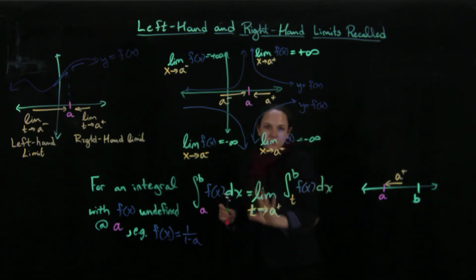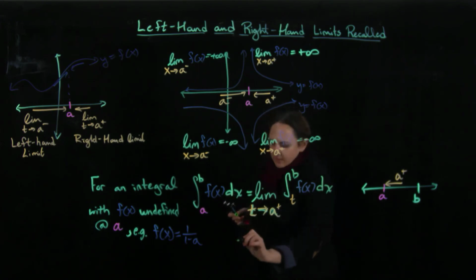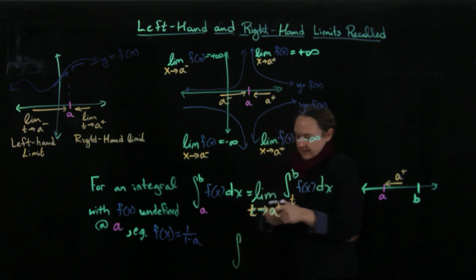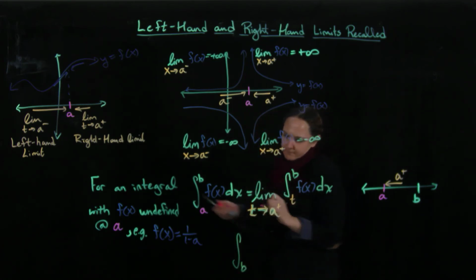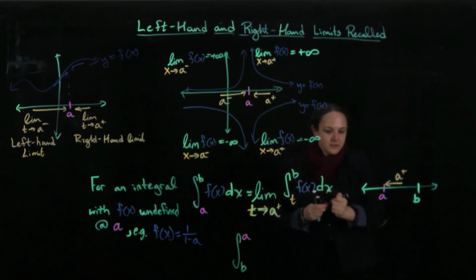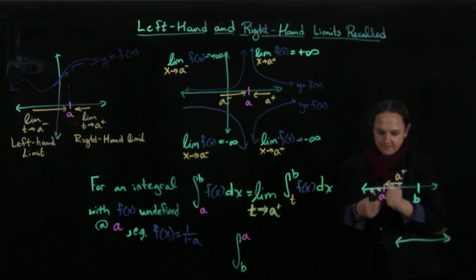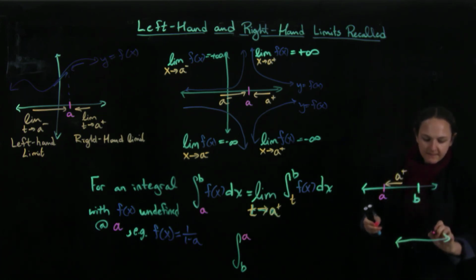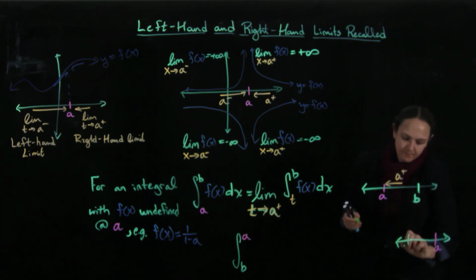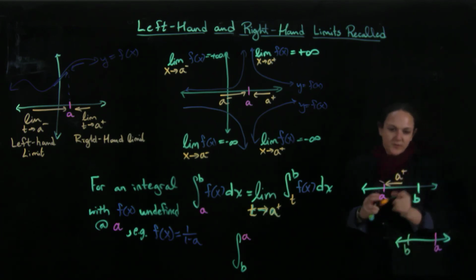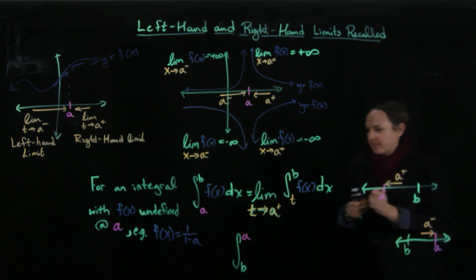And then we could also do this approaching from the other side. We could look at the integral where we start at b and approach a. Now I have my a on this side and my b on this side. If I want to approach from within the interval, I'm going to be approaching like this, so I'm actually approaching from a minus side.